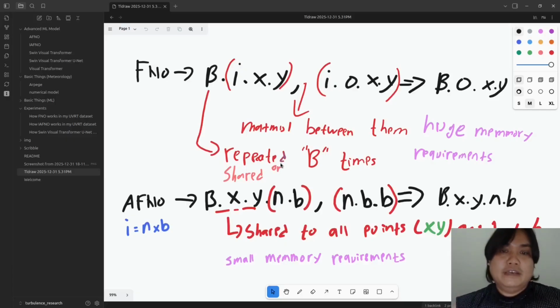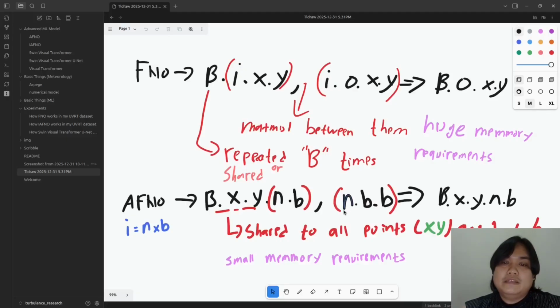Why is it called the diagonal block? Because we divide the total embedded dimension into N and B. N is the total number of blocks, and B is the size of each block.